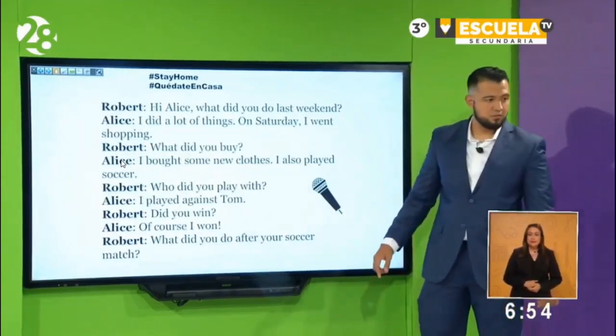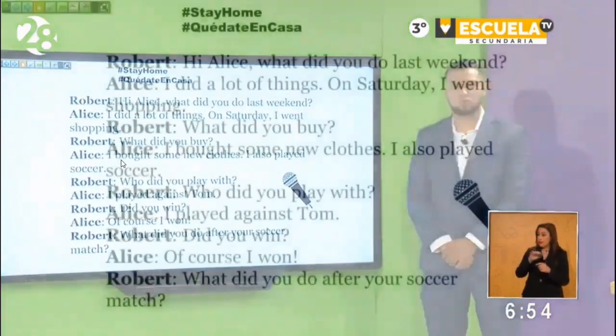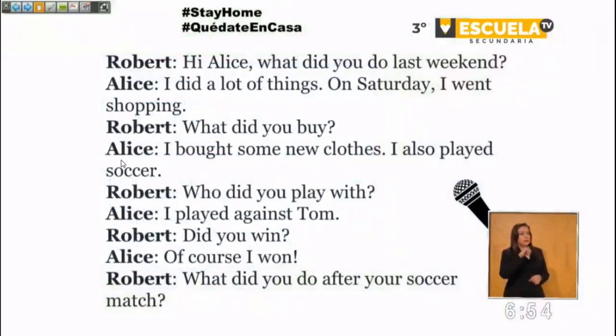Hidalgo, and I will play Alice's role. Hello, my name is Jesus Eduardo Campos Garibay, and I am from Escobedo City. I will play as Robert. Hi, Alice. What did you do last weekend? I did a lot of things. On Saturday, I went shopping. What did you buy? I bought some new clothes. I also played soccer. Who did you play with? I played against Tom. Did you win? Of course I won. What did you do after your soccer match?